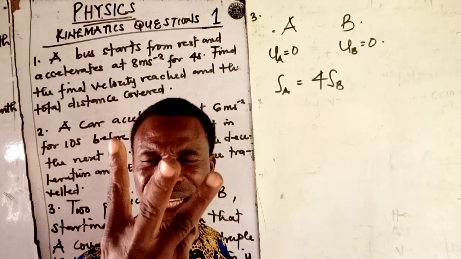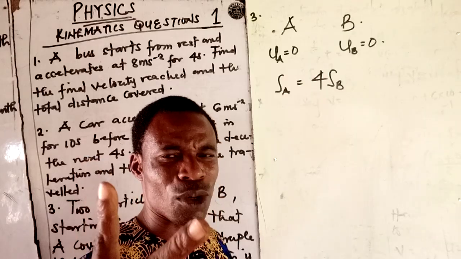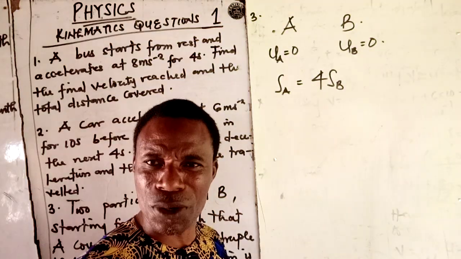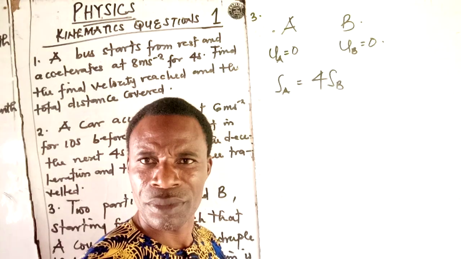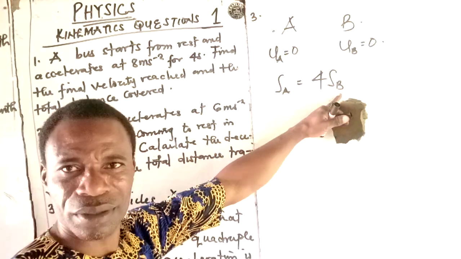Triple means 3 times. Double means 2 times. So don't forget this. Don't make any mistake. A lot of misconceptions are concerning this.